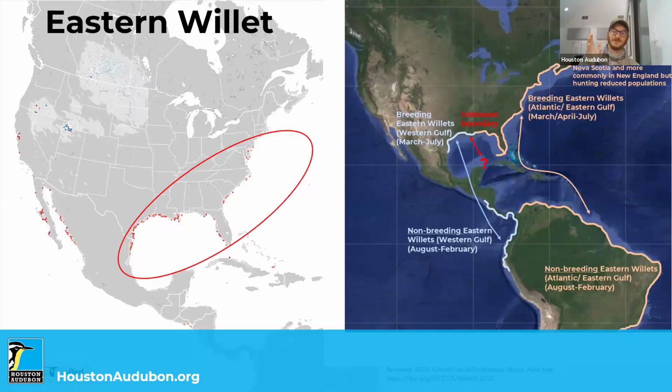This migration takes them through the Caribbean, and the Caribbean still has one of the big conservation issues, particularly for shorebirds: there's still a fair amount of hunting that takes place in some of the Caribbean islands. Some of it is subsistence, some of it's just for sport. So a lot of the species that use that flyway, that's a consideration we have to think about.